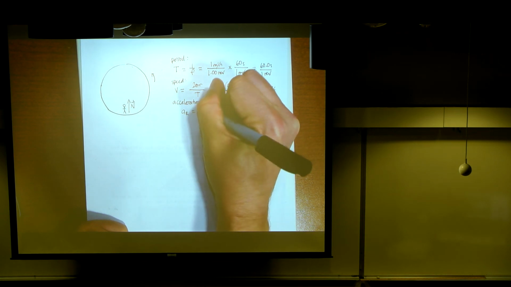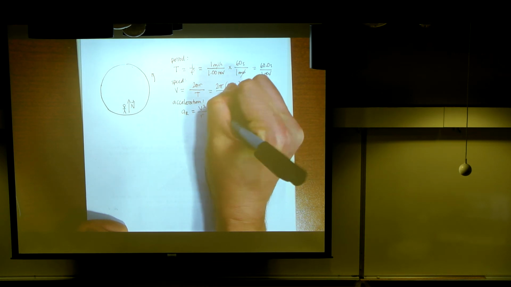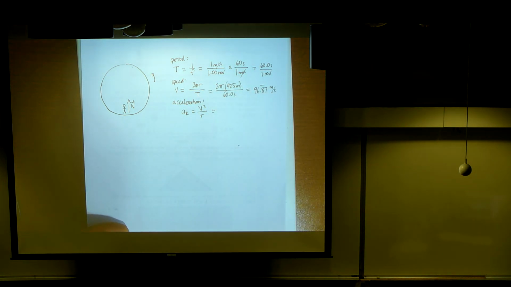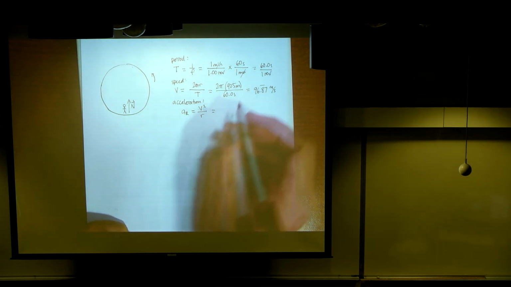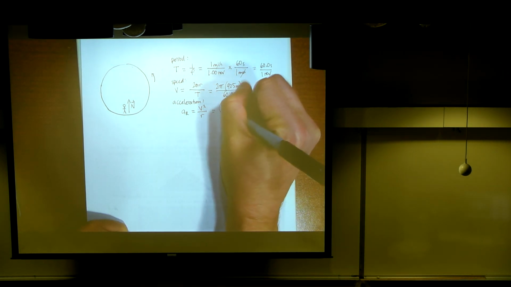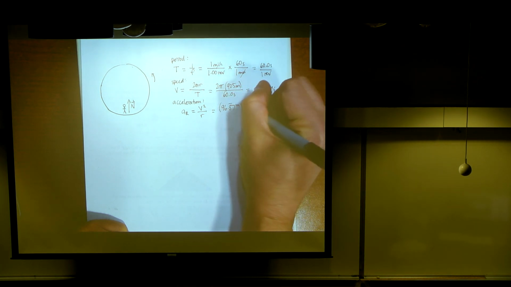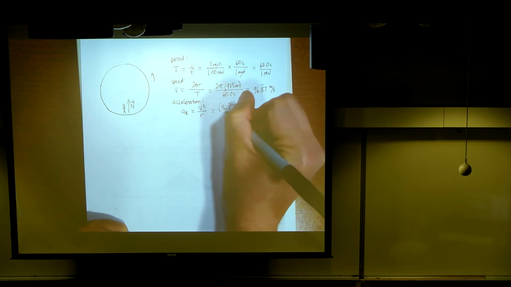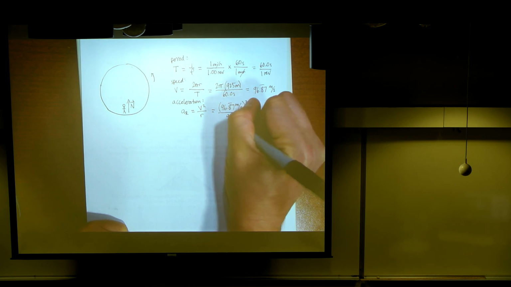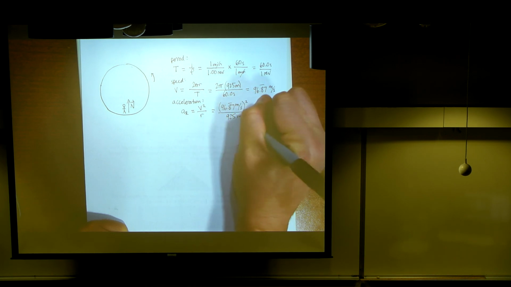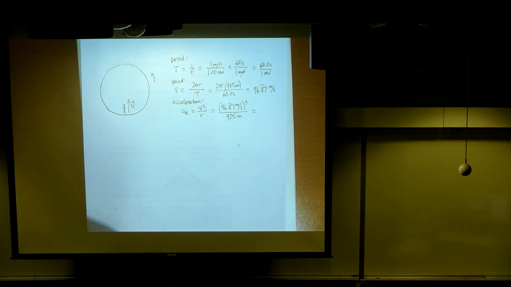That's v squared divided by r, isn't it? So now we know both v and r. v is 96.87 meters per second, and we'll square that whole value, and then we'll divide by 925 meters. Can someone tell me what that works out to?